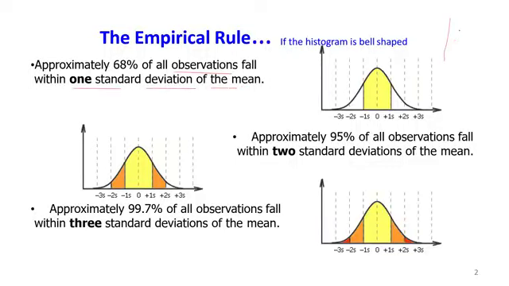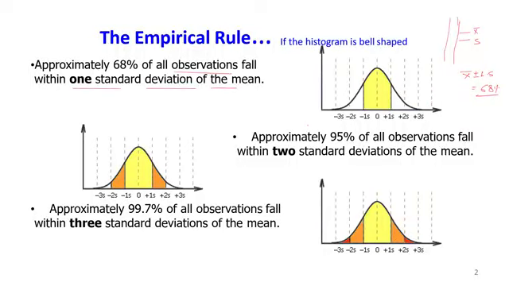So let's suppose you have an entire data set, and you have calculated the mean and the standard deviation. If you take X bar plus minus one standard deviation, then 68% of the data will fall in this range.